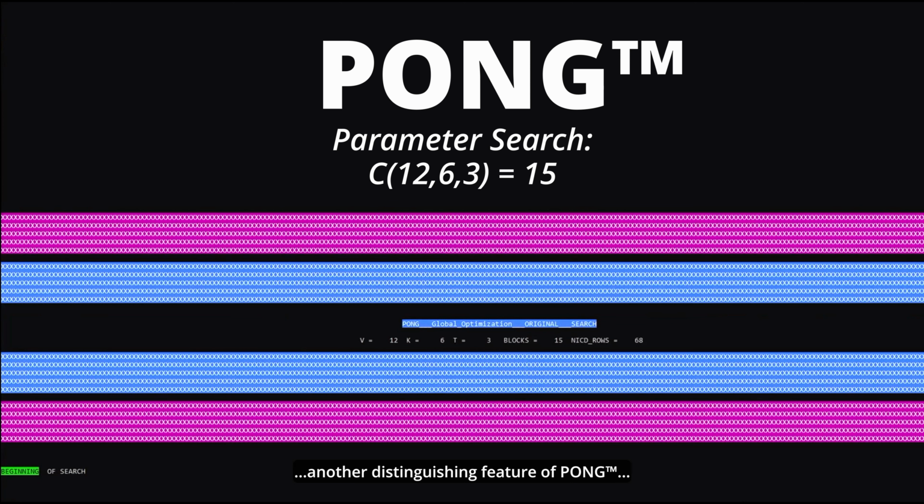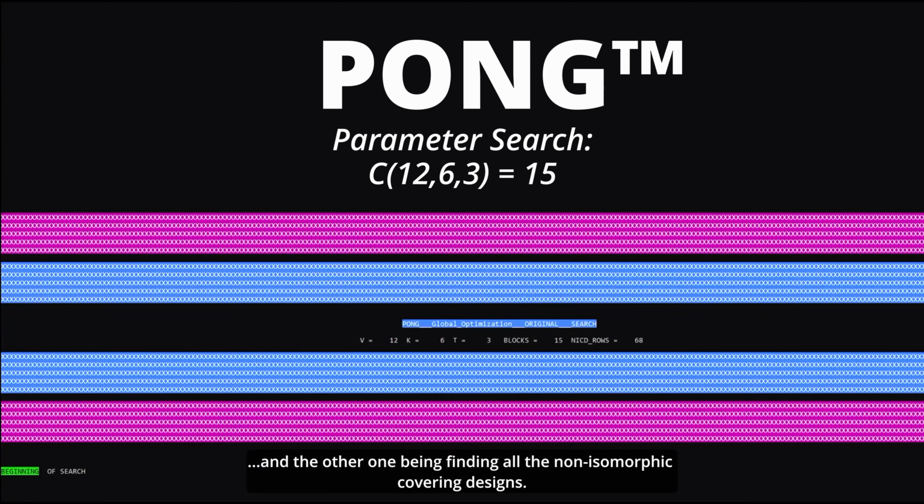Furthermore, another distinguishing feature of PONG is that it also tries, and many times can find, all the non-isomorphic solutions at the global optimum, which helps to prove that the lowest bound has actually been reached. What's great about PONG is that you have many tools to prove the lowest bound, one of them being the formula, and the other being finding all the non-isomorphic covering designs.